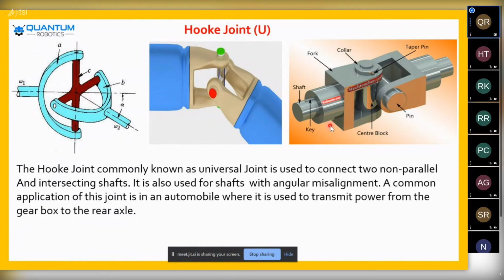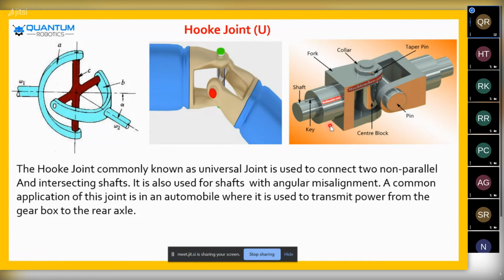And a collar. The collar interconnects one joint and another joint to represent the joint in one single angle. Sorry, two angles are present here.